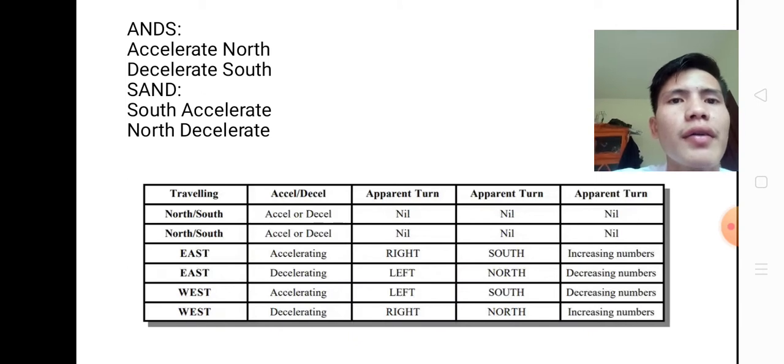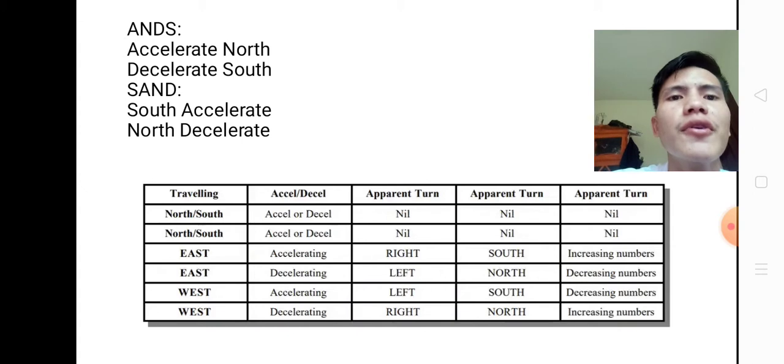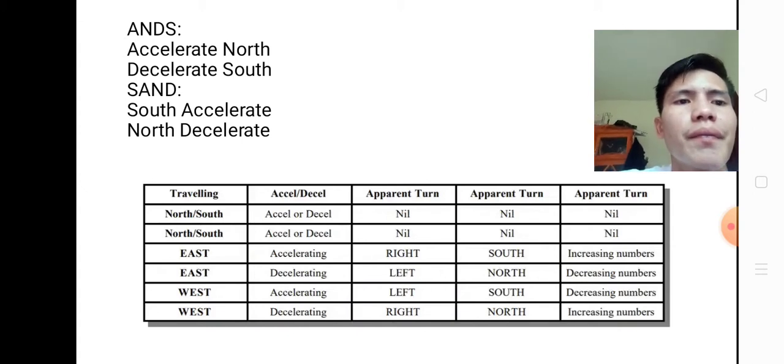So the acronym ANDS stands for: A, accelerate north; D and S, decelerate south. The acronym SAND: SA stands for south accelerate, ND stands for north decelerate.